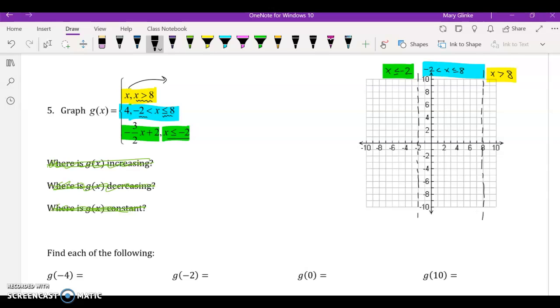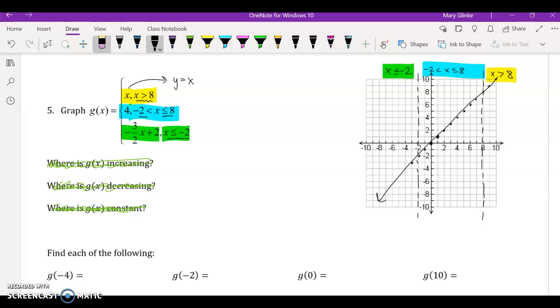So for this first one, we're going to think about the line y equals x. Normally my slope is 1 and my y-intercept is 0. So I can graph that line. So slope of 1, y-intercept of 0. And if I were to draw the whole line, that's what it would normally look like. But we don't want the whole line.